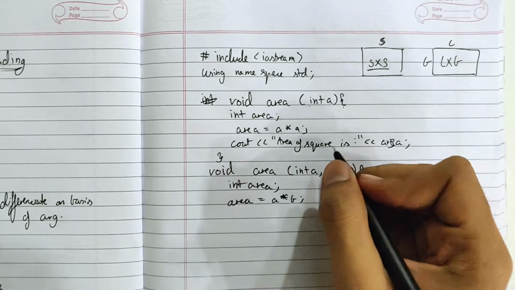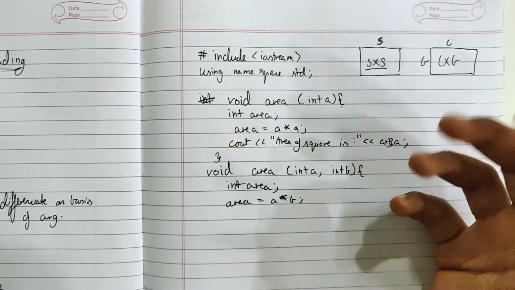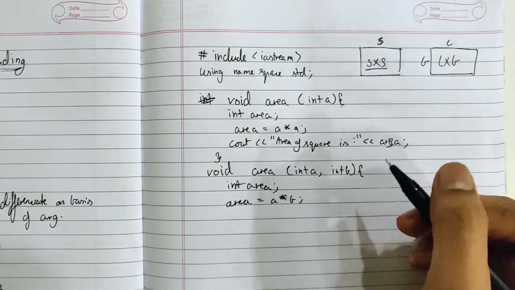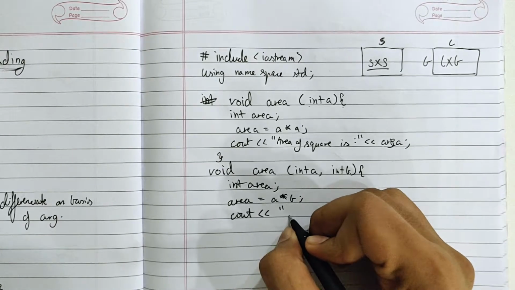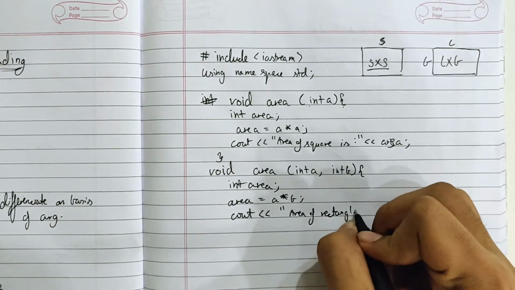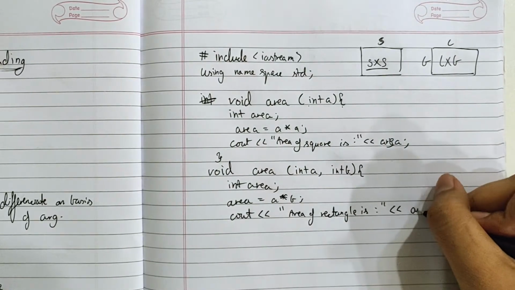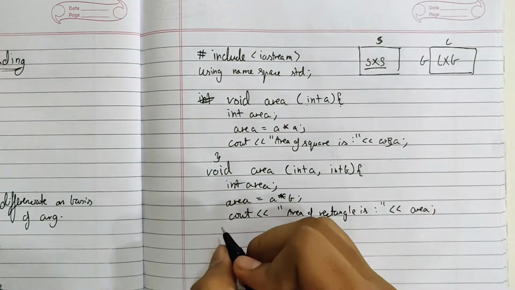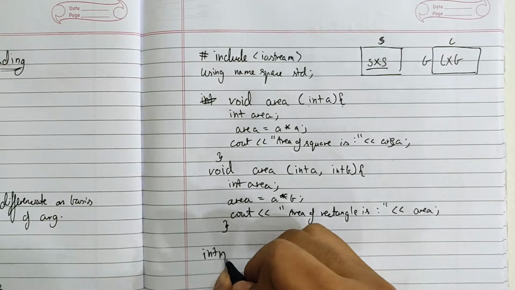In a we'll pass the value of length and in b we'll pass the value of breadth, or you can just pass breadth in a and length in b, that's completely okay. Cout area of rectangle is, and we print the area. Cool. That being done, we'll write the int main now.